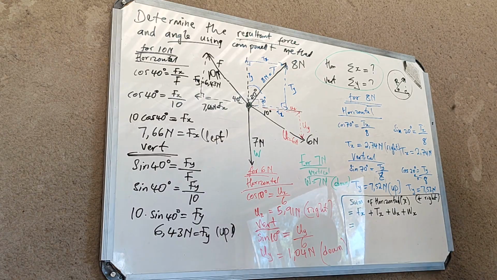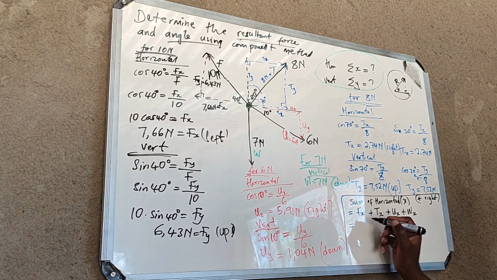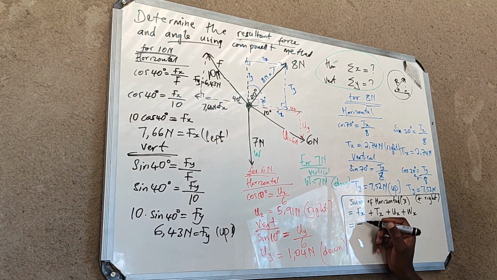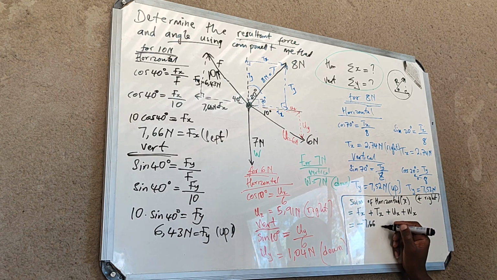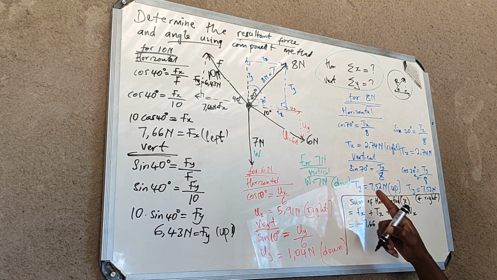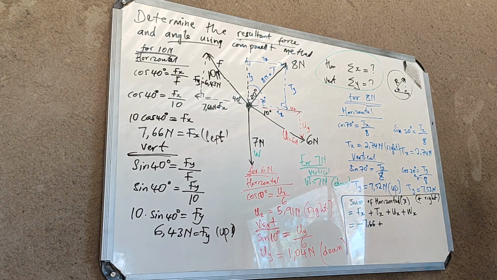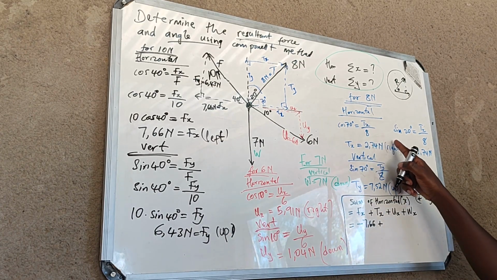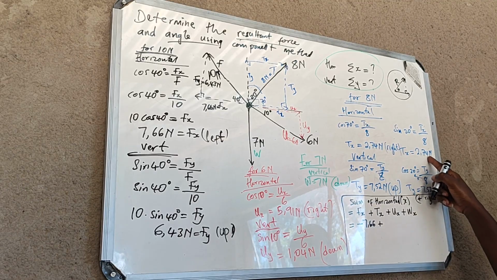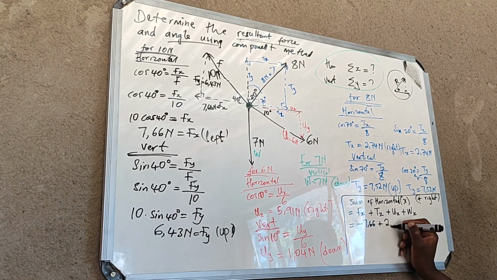Left, you see. So it means it's negative. So we're going to have negative 7.66. Then plus T of x is going where? Right, which means it's positive, okay? It's positive 2.74.